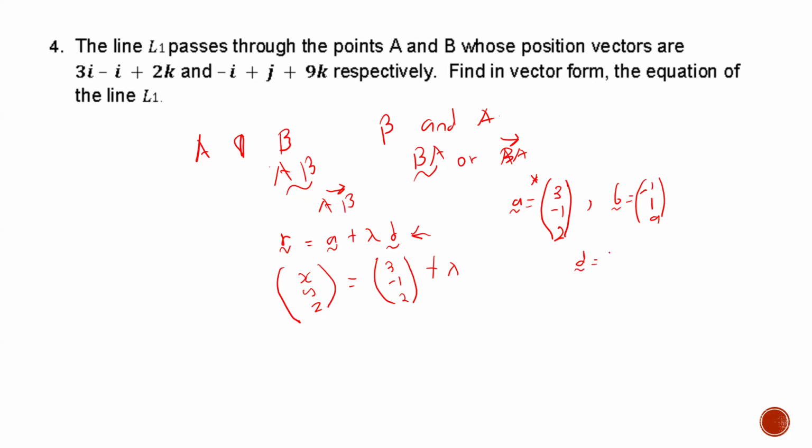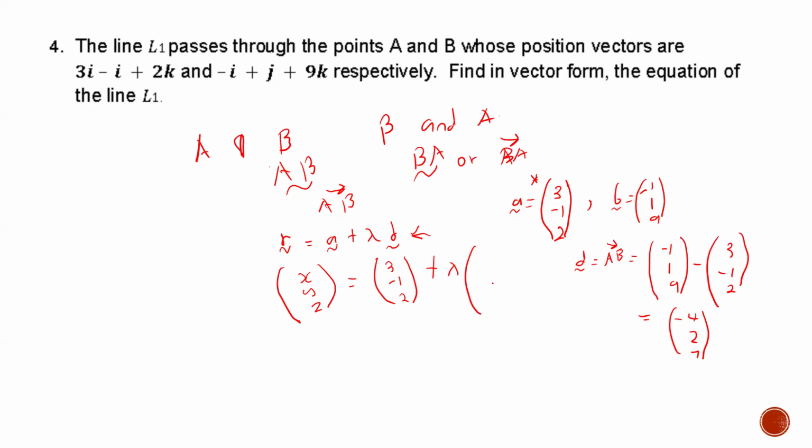Vector d is the same as vector AB, the direction of the vector, which is b minus a: (-1, 1, 9) minus (3, -1, 2). When you subtract, you get -4, 2, and 7, if I'm not mistaken. Yeah, that should be it.